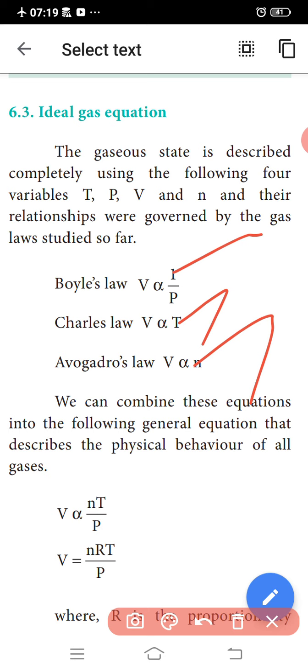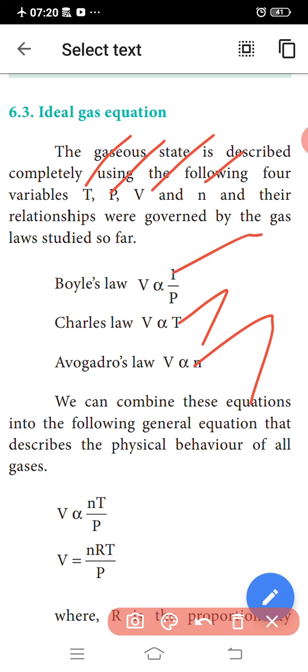The gaseous state is described completely using the following 4 variables: temperature, pressure, volume and N. These relationships were governed by the gas laws studied so far, Boyle's law, Charles law and Avogadro's law.